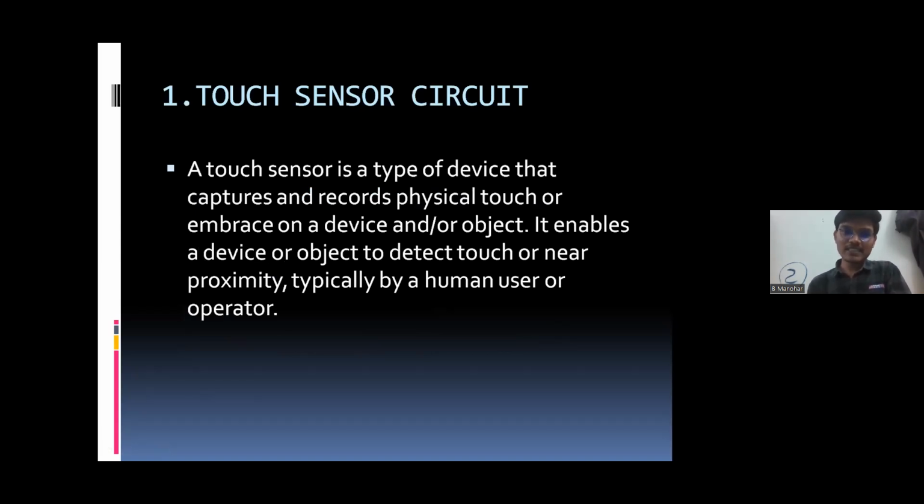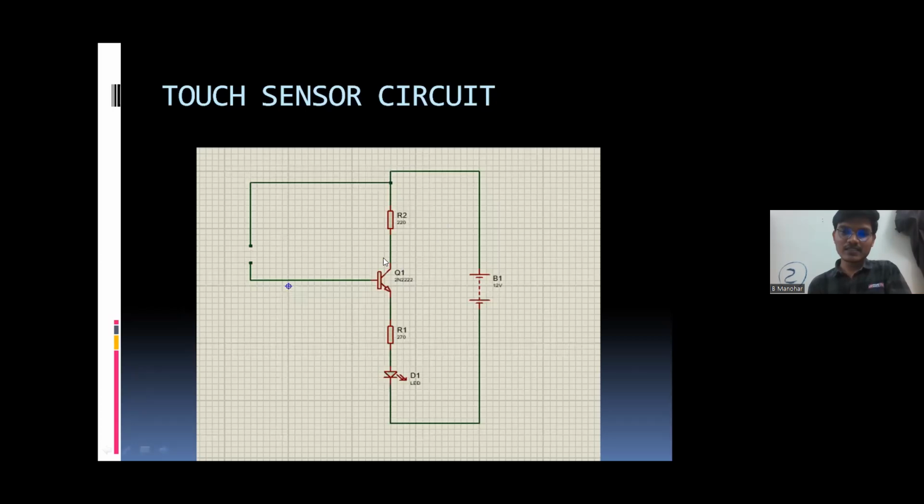A touch sensor is a type of device that captures and records a physical touch or embrace on a device or object. It enables a device or object to detect touch or near proximity, typically by a human user or operator. This touch sensor circuit consists of a BJT.